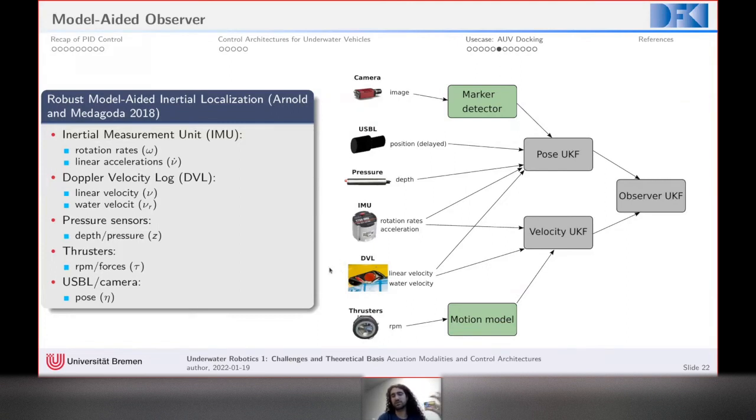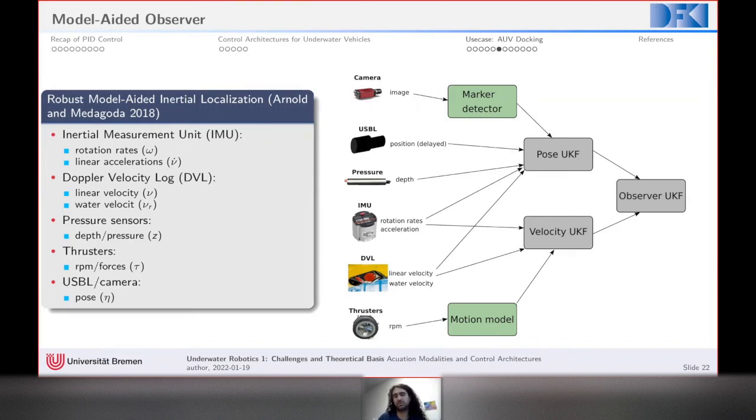However, with this kind of sensor you always need so-called bottom lock. So you need ground below you to be able to measure the reflections. They have ranges that differ depending on the frequencies of the sonar itself, typically between 30 to 100 meters.